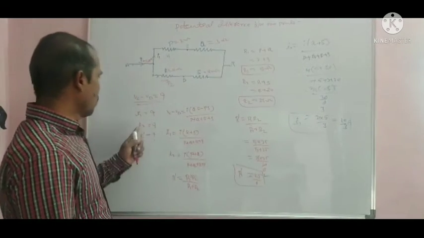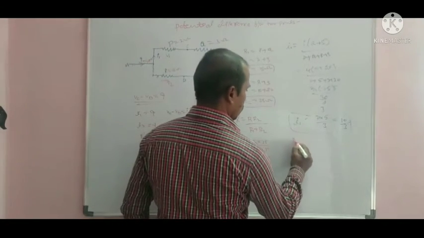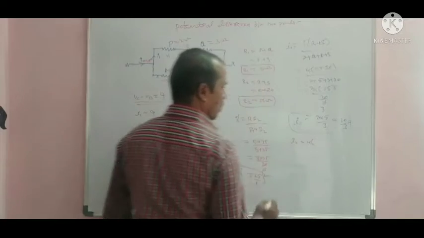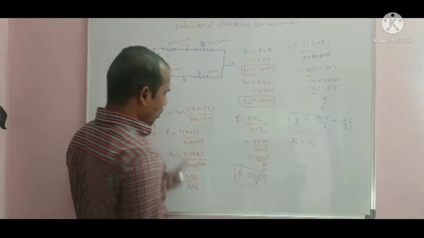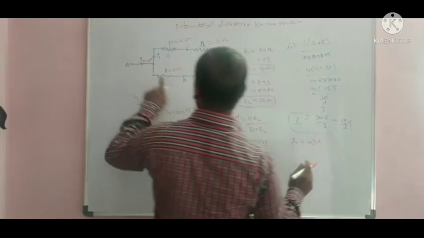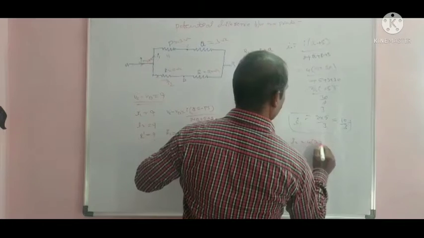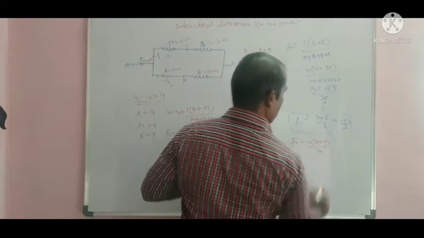Then next one, I2 is equal to the total current 4 into P plus Q, that is 2 plus 3, by 30.